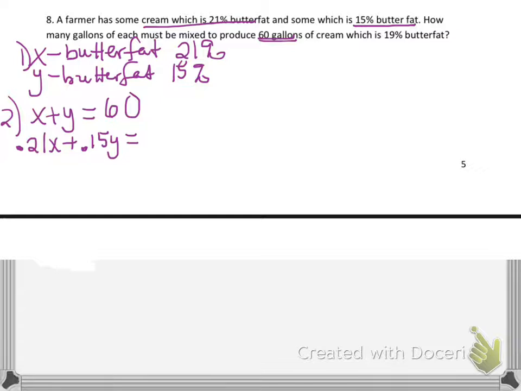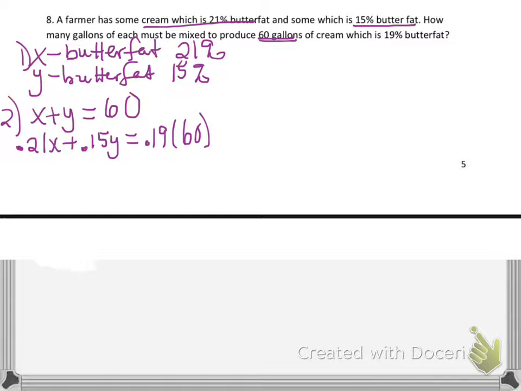So on the other side, I'm going to have 0.19, but because it's 60 gallons, it's times 60. So all of these, we ended up multiplying that right-hand side by the total, right? So just make sure you remember to do that.